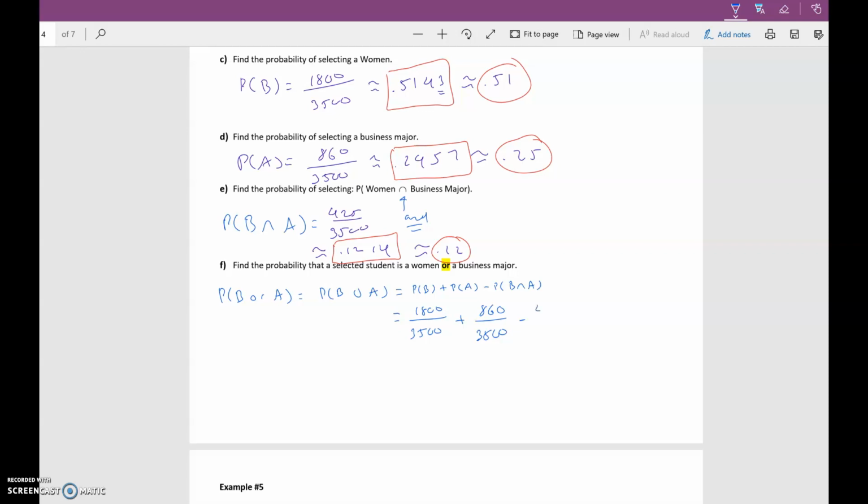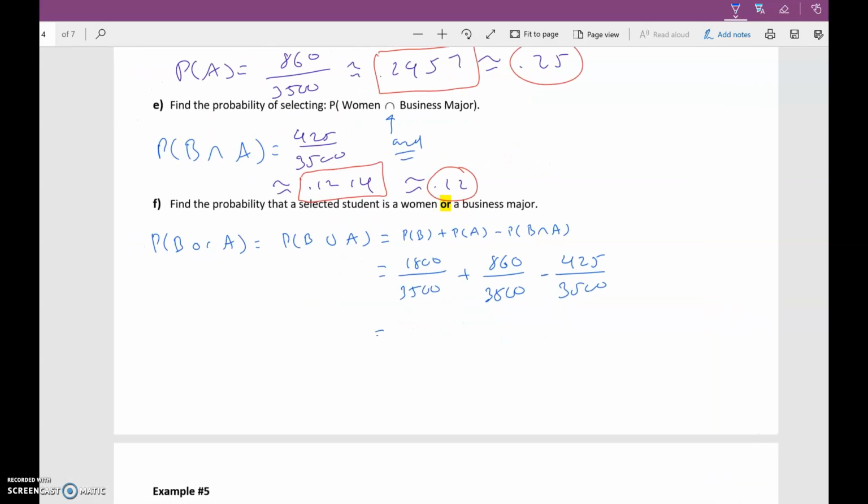And the intersection was 425 out of the 3500. So please take a second and punch it in. Okay, so as a fraction, I'm getting 2235 out of the 3500.